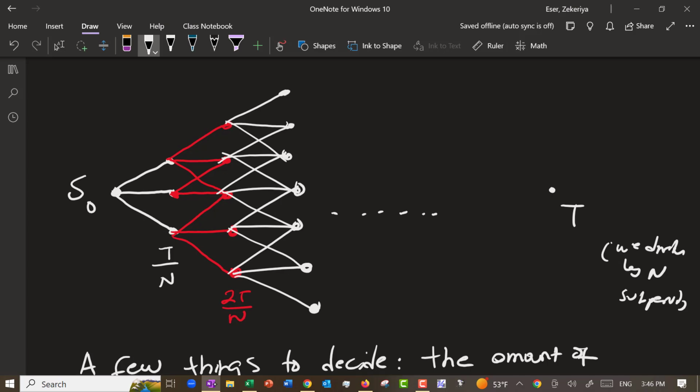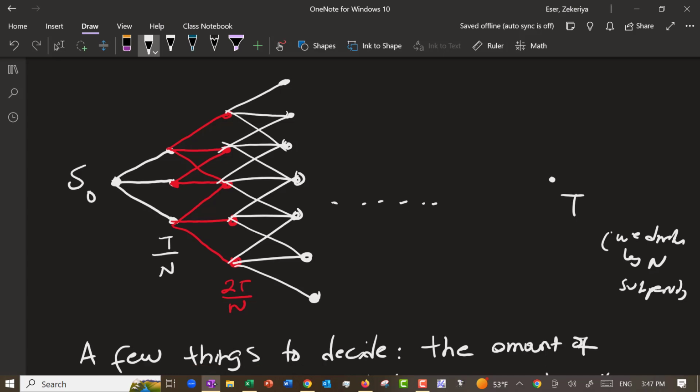And I'm sitting right here at time 0. At time T over n, let's say T is 1, it's so small that only 3 things can happen. But what could happen is random. So what are the chances that it's going to be the middle move, up move, or down move? So we need to decide on those. And we also need to decide what those numbers are.